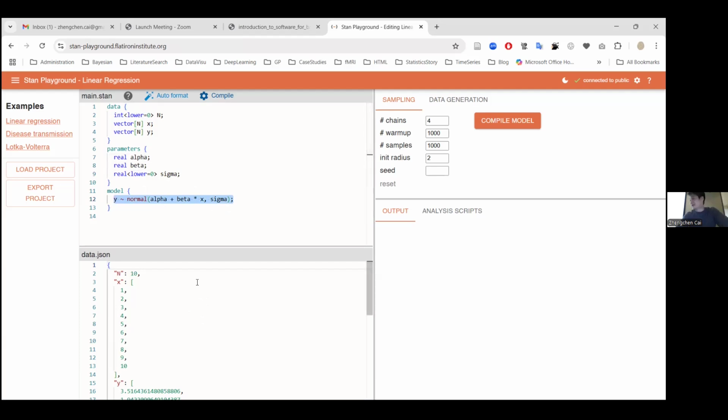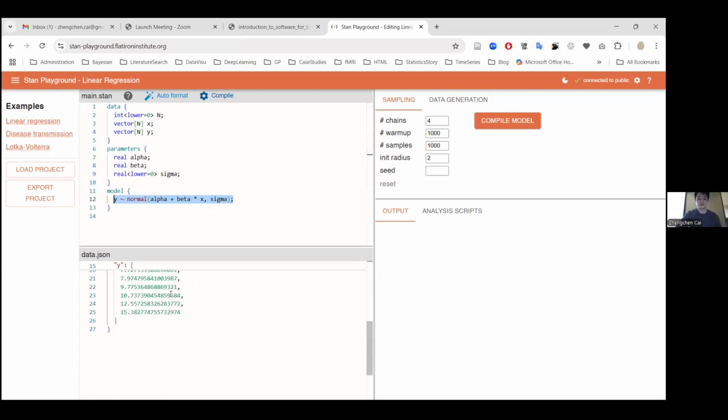You can put data in this JSON format, just copy paste here, and you define how many chains you want to sample the posterior. And there is a parameter called warm up. It's just to let the chain explore the typical set first of all, because it has some parameters to tune, like the step size of the jump and the length, etc. So it will decide optimal parameters for the sampler for your particular posterior distribution.